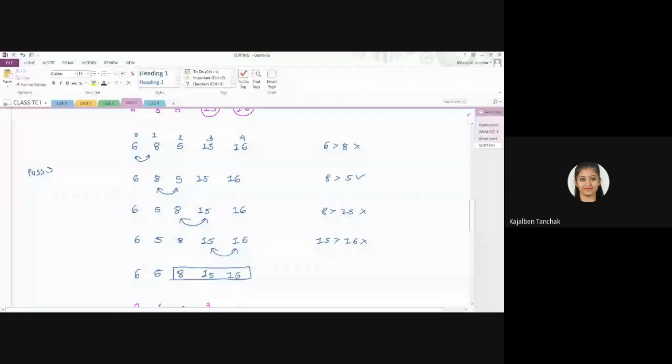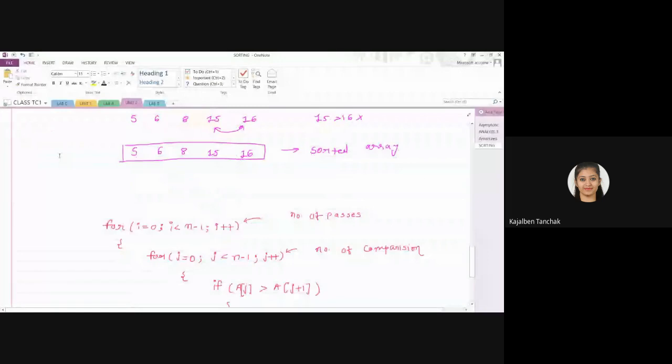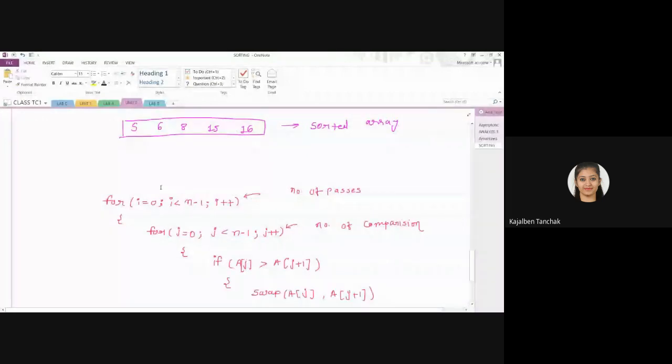And it will be i equals to 3, right? So your i loop will run from 0 to 4, right? So i value will be from 0 to 4. And we have to check this condition, right? i is less than n minus 1. The value should be less than 4, right?